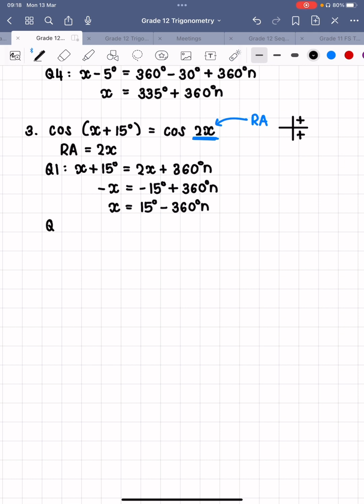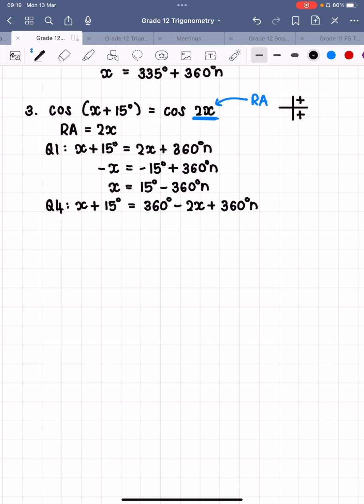Quadrant 4, we're going to say the angle that was after the cos in our original equation, so x plus 15, is equal to, for quadrant 4, we do 360 minus the reference angle, which is 2x, plus 360n. Now we must again get all our x's on the one side. We have x, and then this minus 2x is going to become plus 2x.